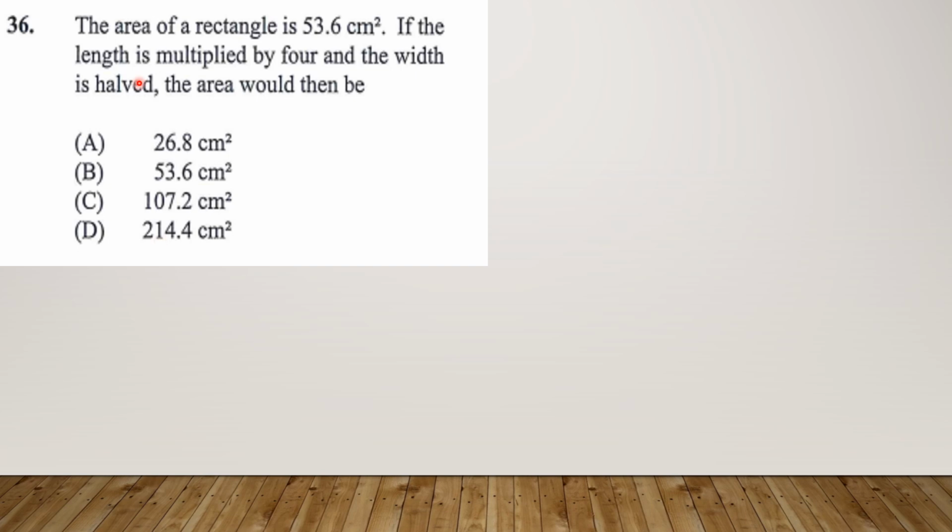Question 36. The area of a rectangle is 53.6 centimeters squared. If the length is multiplied by 4 and the width is halved, the area would then be. So we know that the area of a rectangle is length times width.